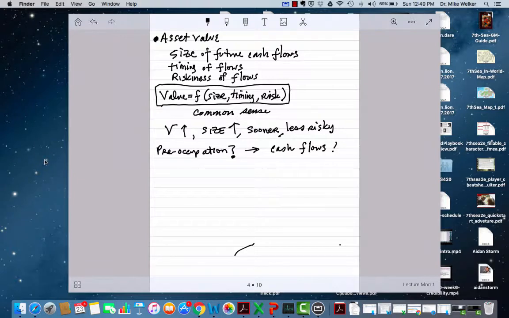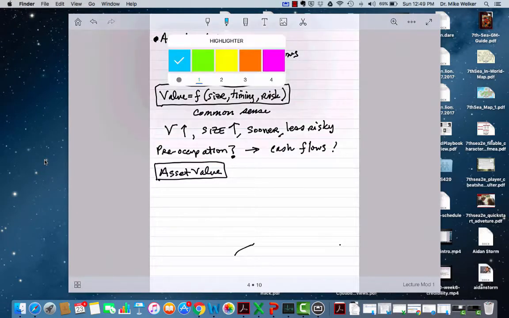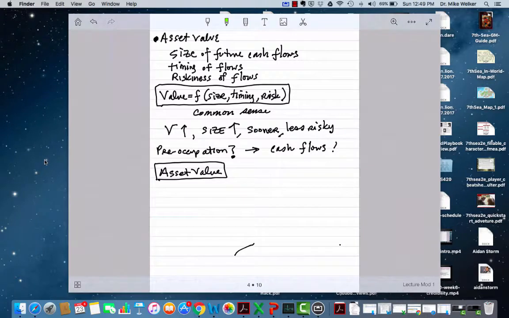Now, once we determine what an asset is worth to the firm, we simply compare the value to what the asset costs. So the asset value that we find depends on market behaviors, and those market behaviors influence the size of the flows, when those flows occur, and the riskiness of those flows.